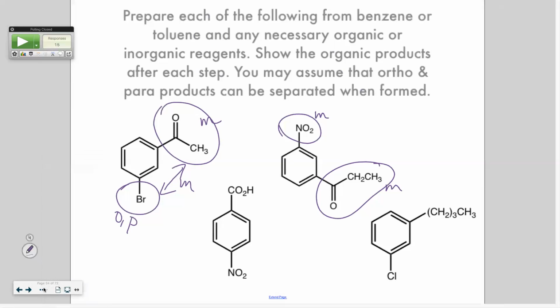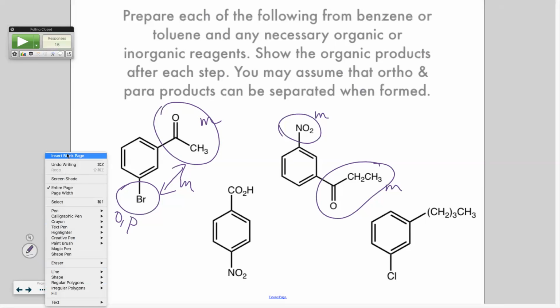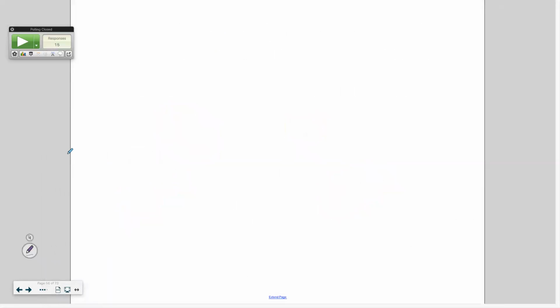All right, so we're going to start with good old benzene. Okay, now what do you need to put that acyl group on? What are our reagents going to be?